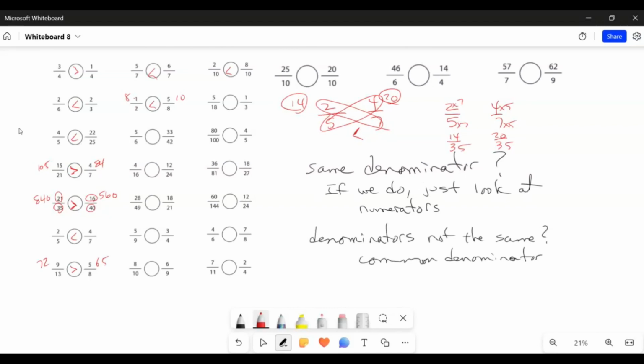So we got some 5/6. We also have 33 over 42. What are y'all getting?